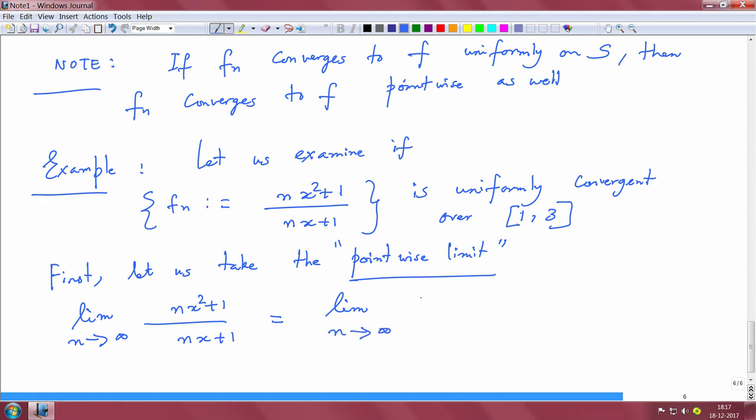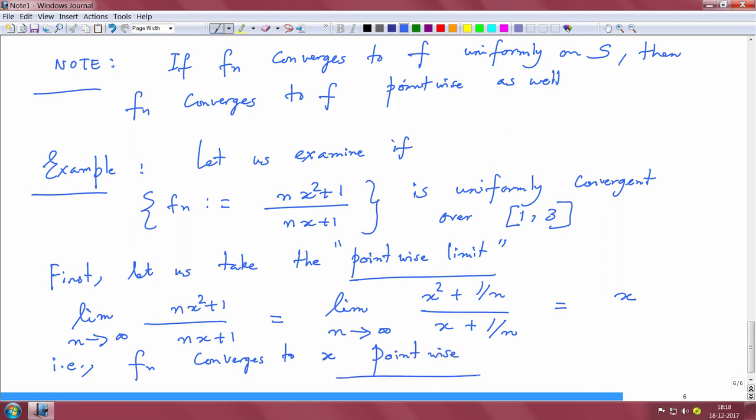I just pull the n outside, which is basically (x² + 1/n) divided by (x + 1/n), and this is basically x, right. So that is Fn converges to x pointwise over the interval [1, 3], right. It basically heads to this ramp function defined over [1, 3].